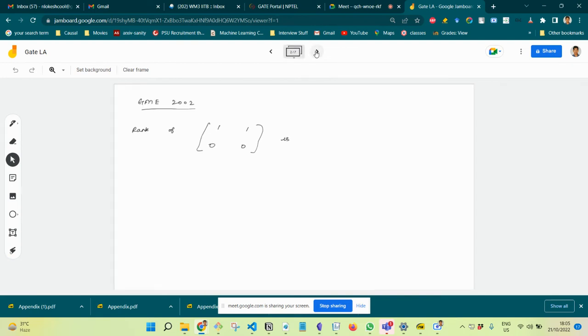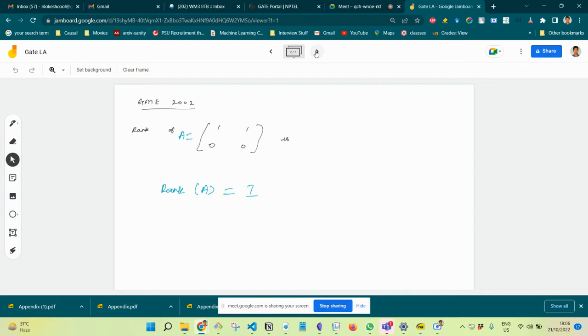So now we'll move on to the next question. I think this question is very simple. Can you tell me the rank of this matrix? Let's assume this is A. Then rank of A equals exactly 1. Why? Because it's in row reduced echelon form already. In the beginning of the sessions, we saw what RREF is.